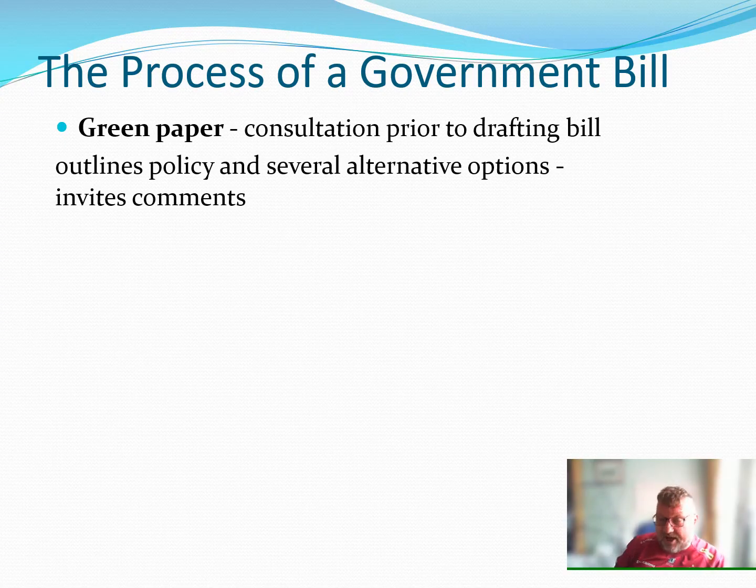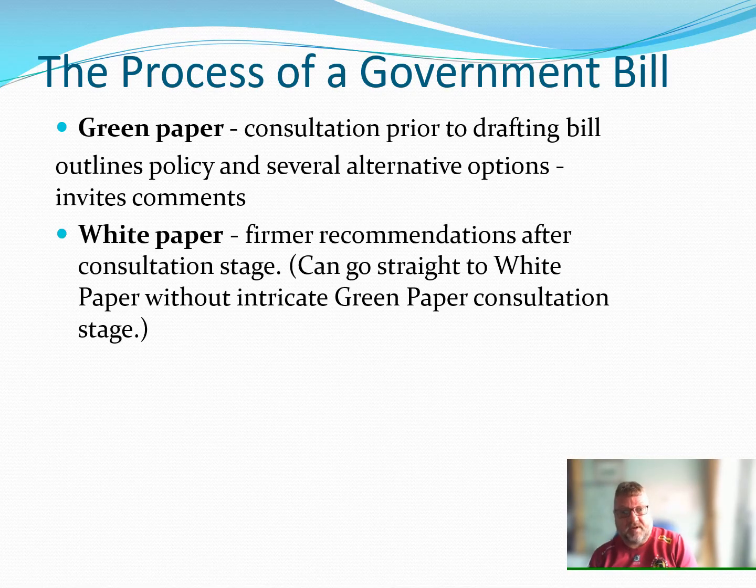So in general, in Parliament, we start with a green paper, and a green paper is basically a consultation where we consult with various interested parties prior to drafting the bill, prior to putting something down on paper. It then moves to a white paper where you're firming up those recommendations from the consultation stage. Now, sometimes a bill starts with a white paper, but usually it goes green and white.